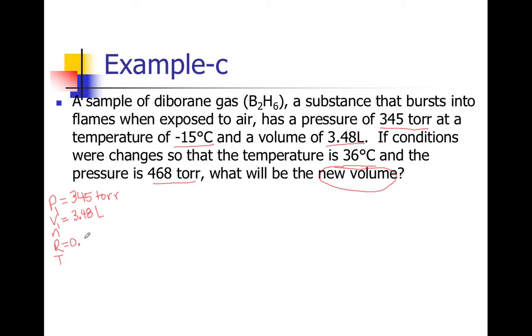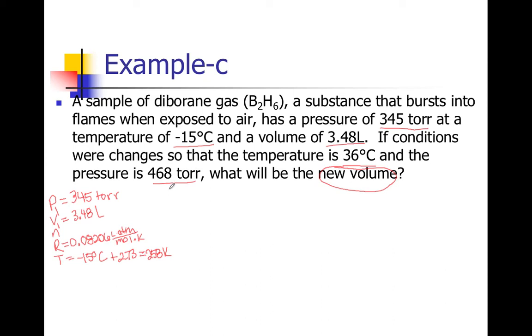The R is going to be the 0.08206 liters times atmospheres per mole times Kelvin. And then the temperature is negative 15 degrees Celsius. So we need to convert our Celsius to Kelvin by adding 273, and that's going to give us 258 Kelvin.